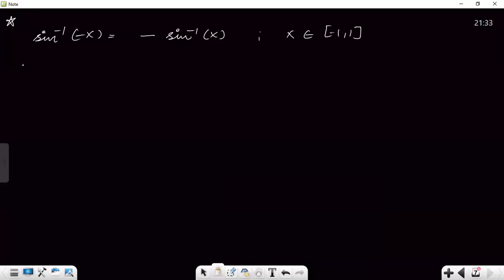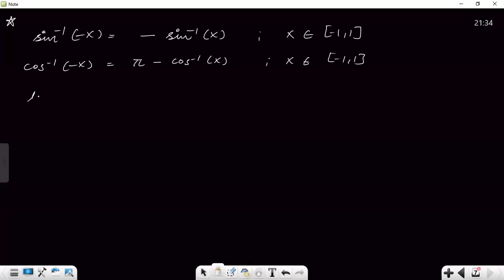For cosine, things are a little different. You have to subtract from pi: cos inverse of minus x is pi minus cos inverse of x, when x is in its domain.